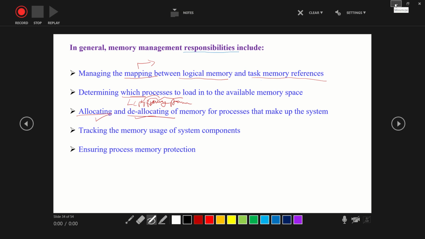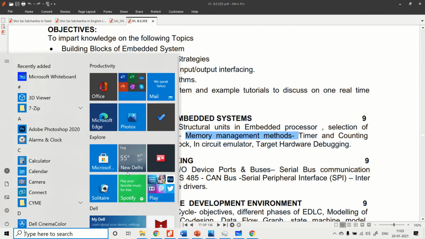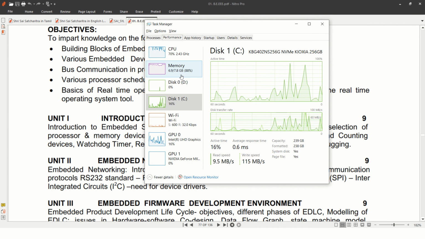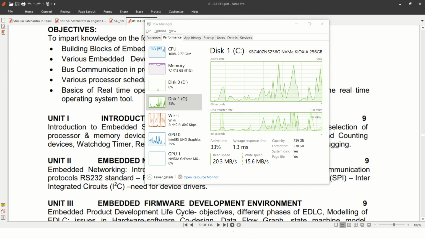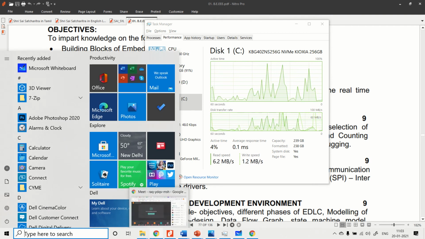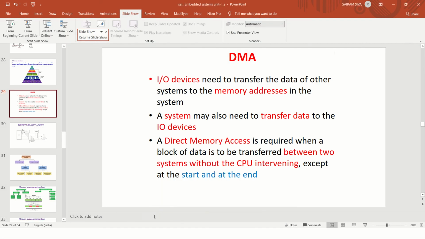Please wait. It will take some time. This is the task manager which is available. 7.1 GB of RAM is utilized out of 8 GB of RAM. The 7.8 is usage, but now I am going to close some other applications, if possible.